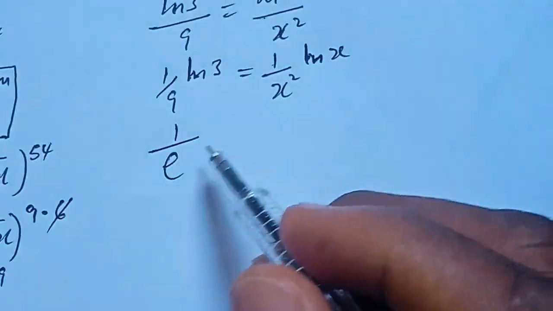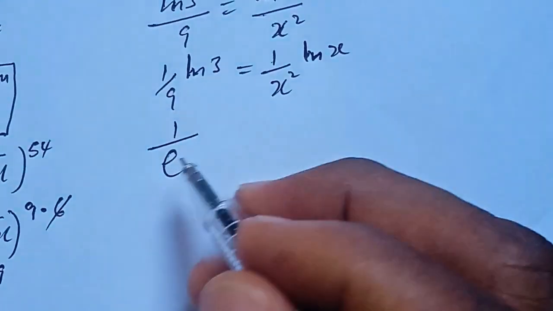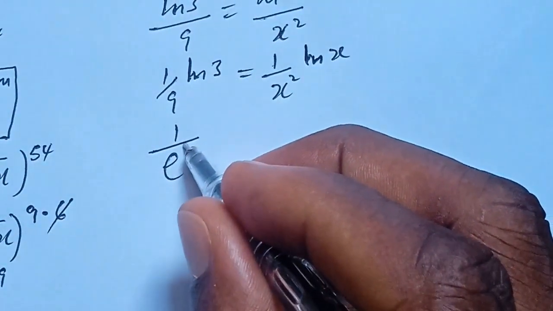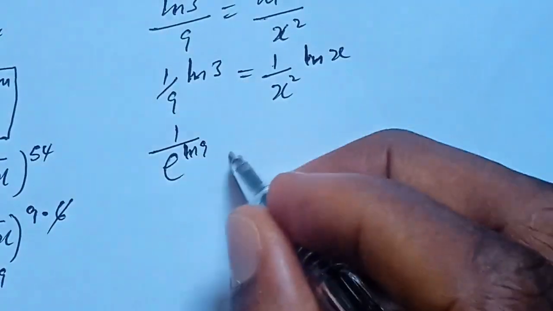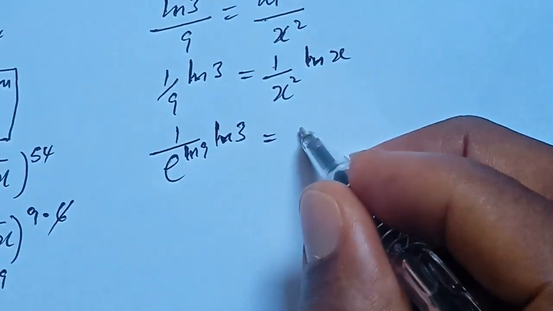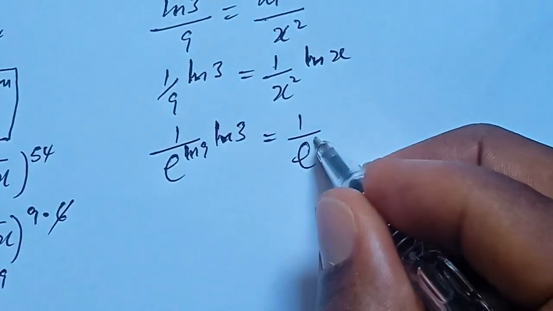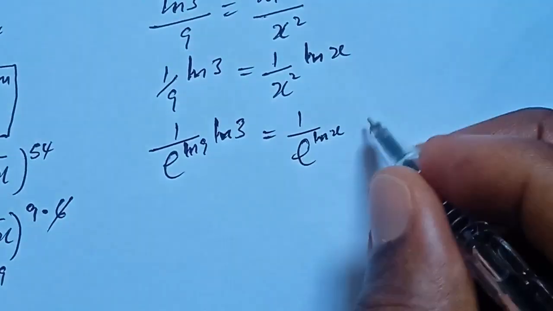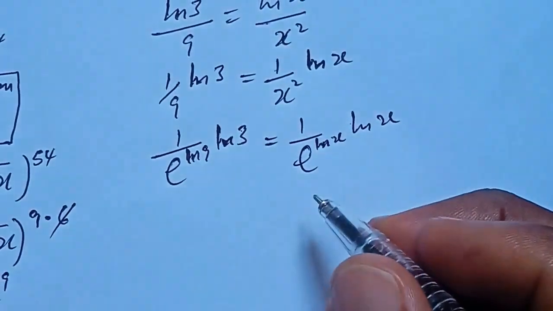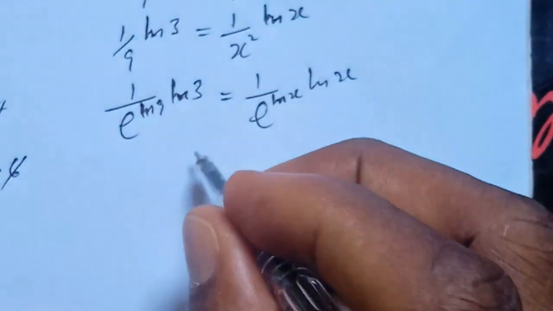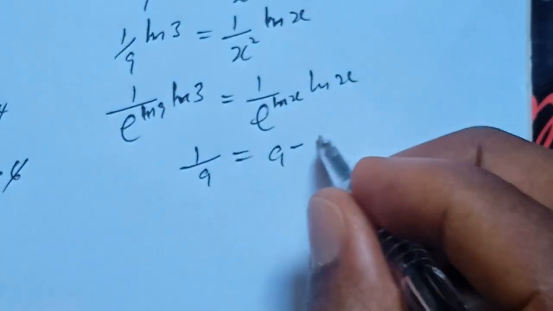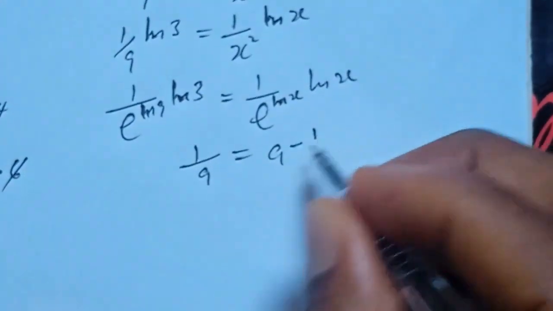So from both sides we take natural log of both sides to base e. We have base e to the power of natural log of 9, then natural log of 3, equal to 1 over base e to the power of natural log of x, then multiplied by natural log of x. Here we can apply this identity, which implies if we have 1 over a, we can write it as a to the power of minus 1.